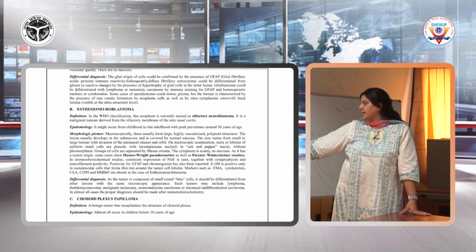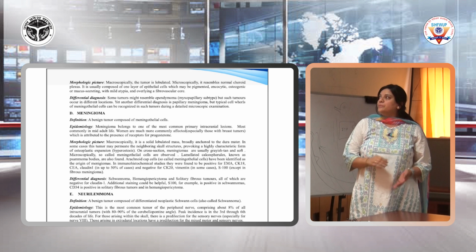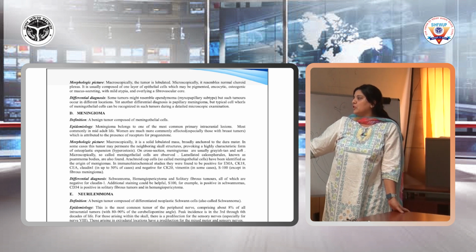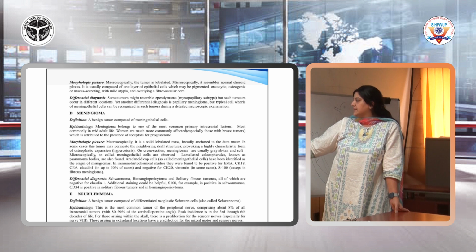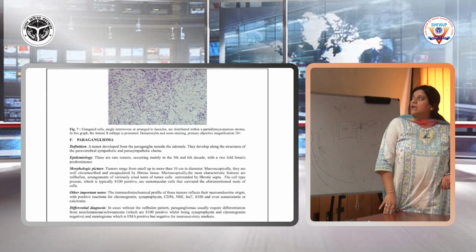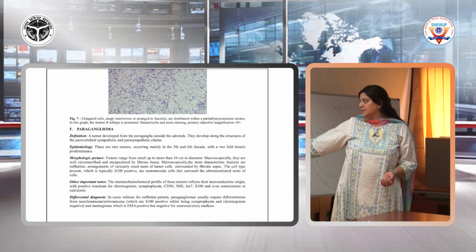It's a pathological finding. Meningioma, it's a benign tumor composed of meningothelial cells. Neurinoma, benign tumor composed of differentiated neoplastic Schwann cells, also called schwannoma. Paraganglioma, it's a tumor developed from the paraganglia outside the adrenals. They develop along the structures of paravertebral sympathetic and parasympathetic chains.